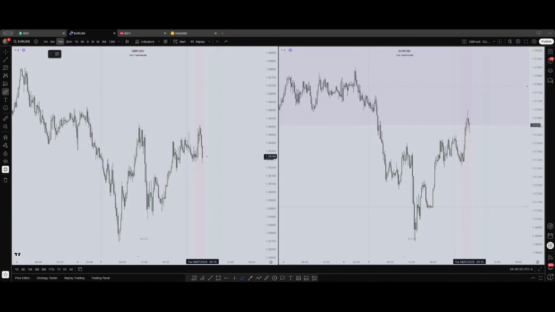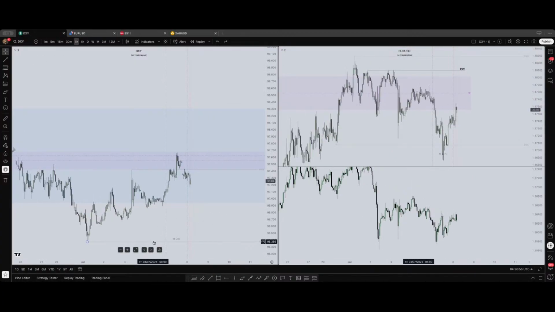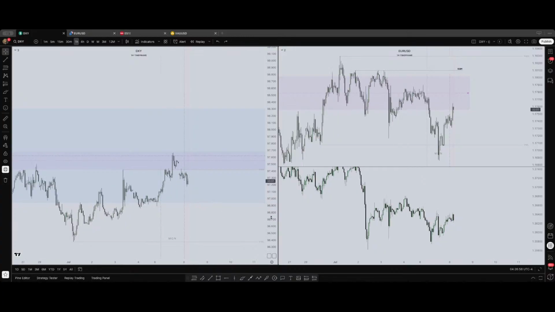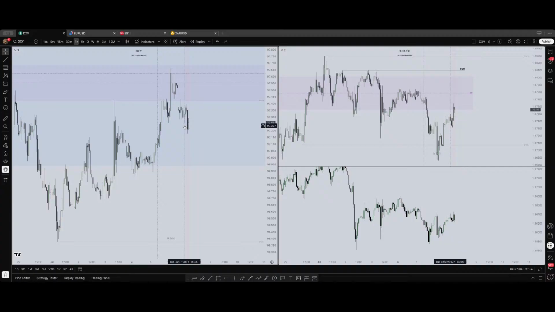So look where Euro USD is and where GBP USD is. One is doing a lower low and the other is just going higher. So the couple, I think the word in English is the correlated market, they are not following the symmetry, and that's a bad environment.